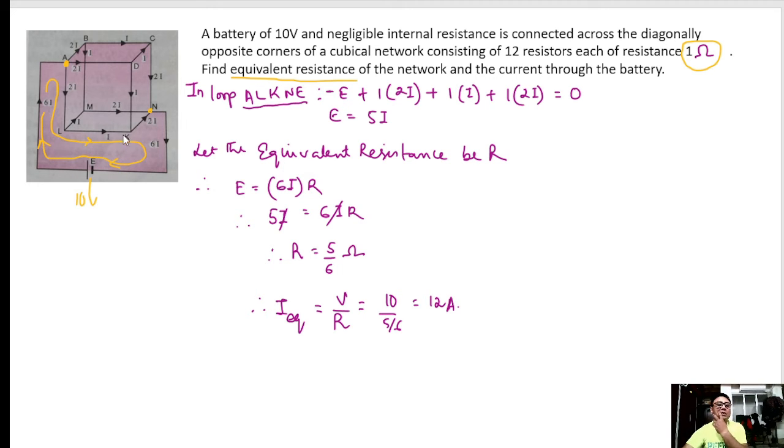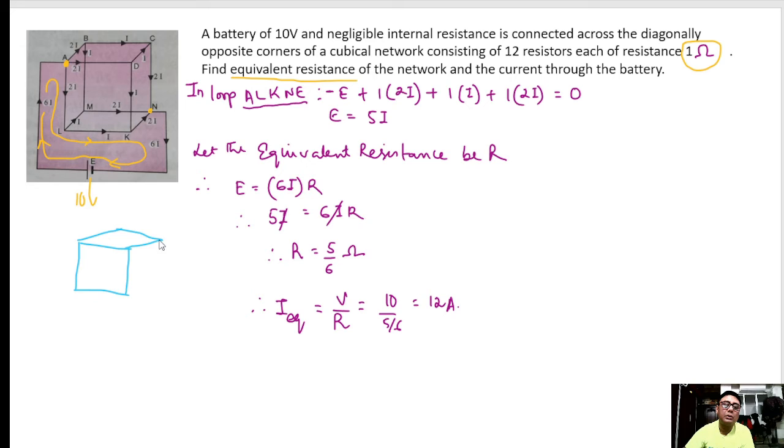So first of all, watch here how the distribution of the current has been done. Because it's a cube connected at the opposite terminals, there is a symmetry created.